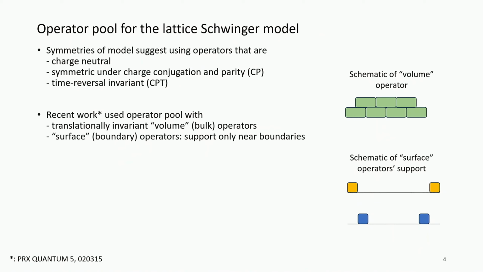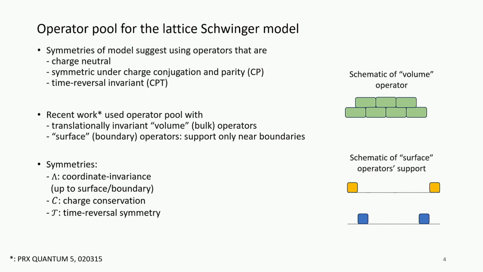And in their work, the authors used an operator pool that used translation invariant bulk or volume type operators, as well as surface or boundary type operators with support only near the boundaries. And these are depicted in the figure on the right.